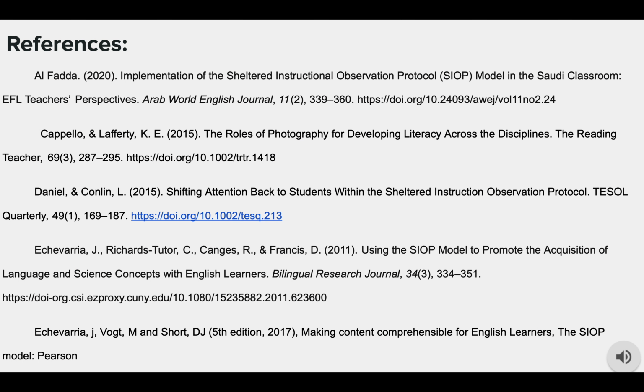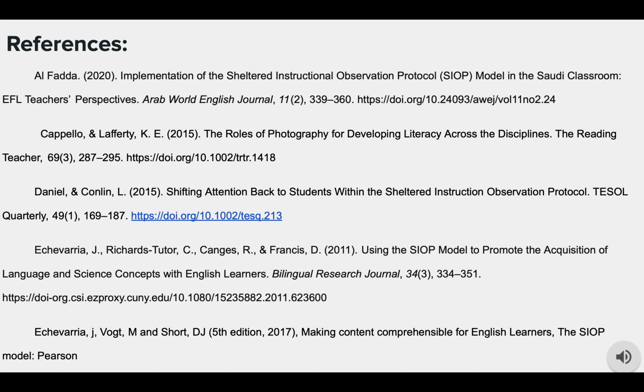The research for this lesson has been brought to you by the following references: Implementation of the Sheltered Instructional Observation Protocol SIOP model in the Saudi classroom. The roles of photography for developing literacy across the disciplines, The Reading Teacher. Shifting attention back to students within the Sheltered Instruction Observation Protocol, TESOL Quarterly.